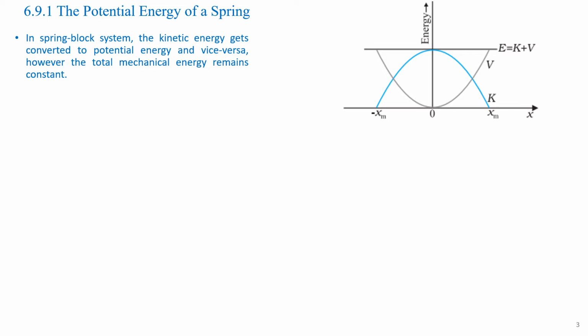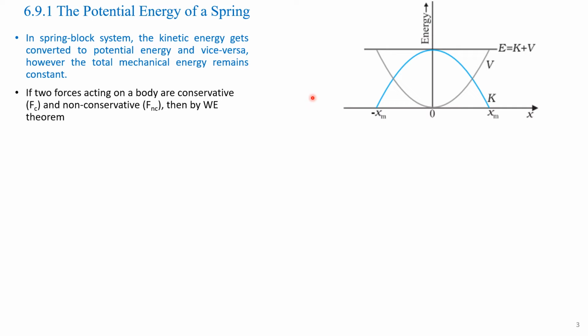The two plots are complementary, one decreasing and the other increasing. The blue colored graph is kinetic energy K and the black colored is potential energy V. So when K increases, V decreases. But at any instant of time, E is equal to K plus V. That means the total mechanical energy E is equal to K plus V.